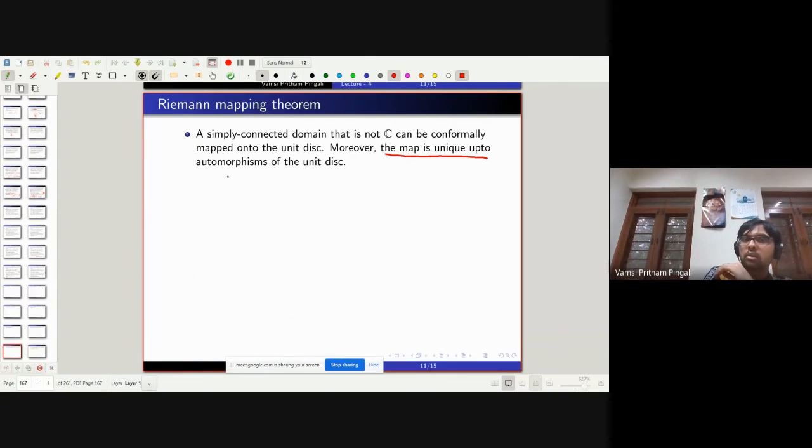What does this mean? What is the meaning of that sentence?